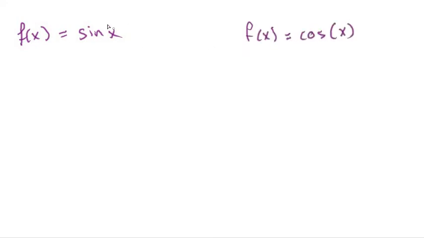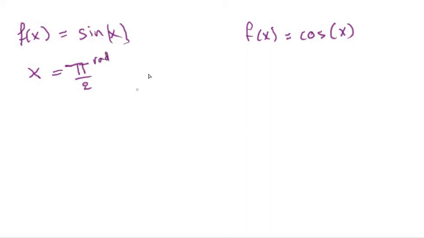What do you think about sinusoidal functions, like f of x equals sine x and f of x equals cosine x? You can try it for any angle in the domain of sine x, but let's say that x equals pi over 2, for example, which is 90 degrees.